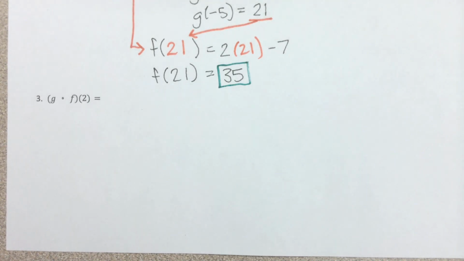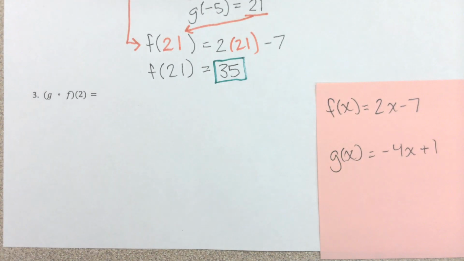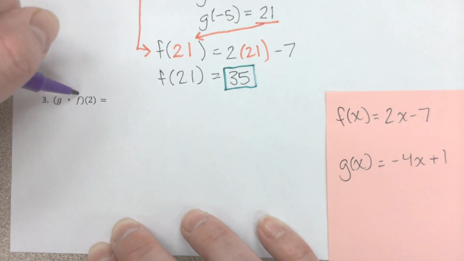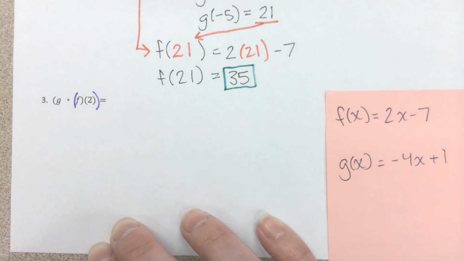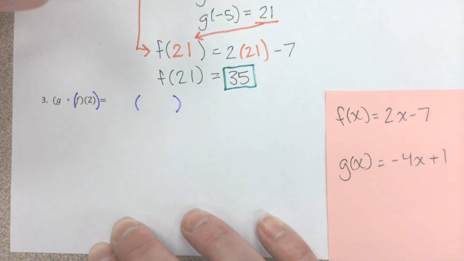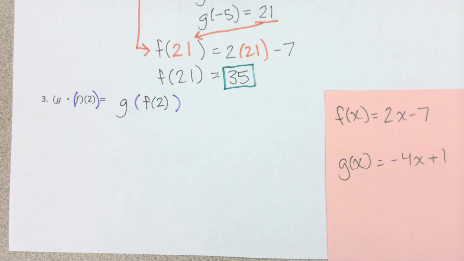We're going to go the other direction and do a g of f function. So this time it's f that's closer to the number, so it's going to get grouped inside of those parentheses. G is on the outside, f of 2 is on the inside.